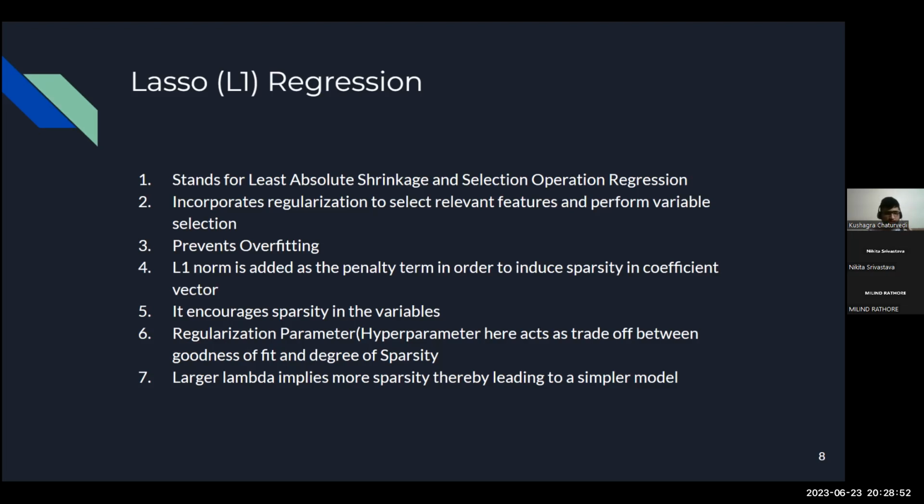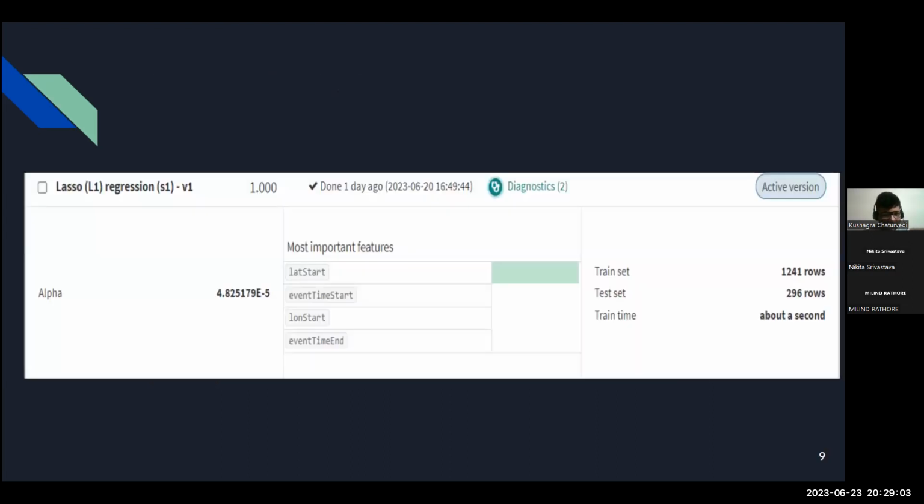The larger the lambda, the hyperparameter, the more sparsity is included, and the simpler the model will be. As you can see, in the lasso regression that was performed here, we got a pretty low error, and the importance of features is also demonstrated.